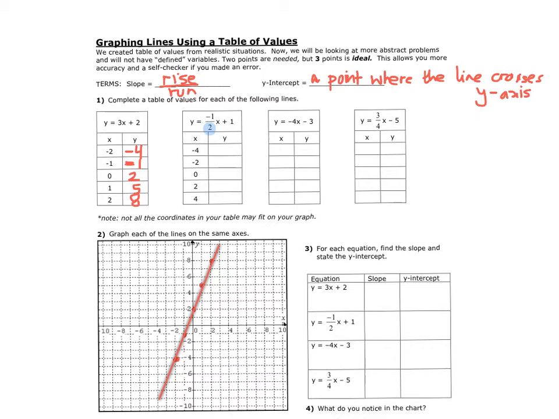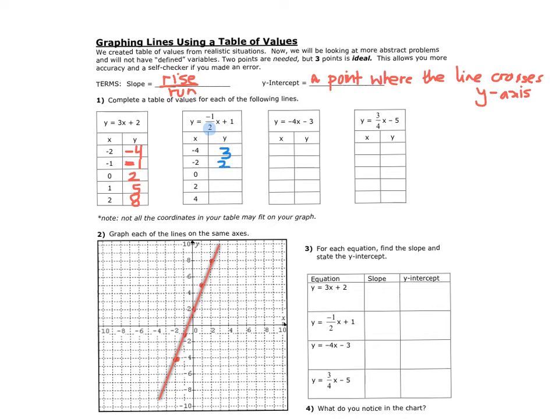So for the first one, you have negative half times negative 4, because x is negative 4. So what would that be? That becomes 2. And 2 plus 1 is 3. So your first value here will be 3. And the next one would be negative half times negative 2. It becomes 1, and 1 plus 1 is 2.